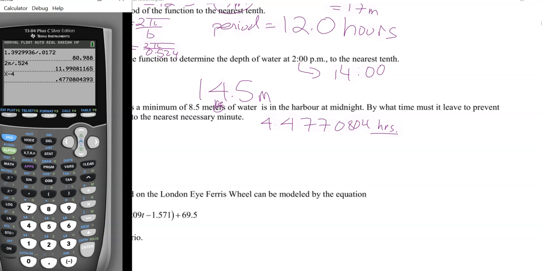So all I want is the decimal part of the hour, right? 0.477, 0804, right? And we're going to multiply that by 60. So times 60, which is going to turn that into minutes. So 4 hours, 28.6 minutes. So on the clock, it would read 4:28, right? Because it won't go to 4:29 until it is 4:29.